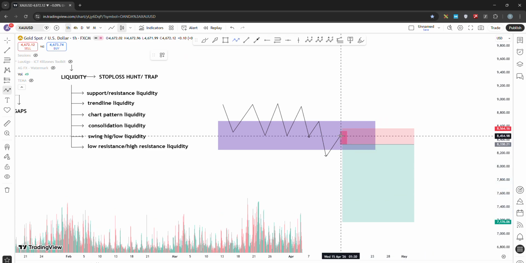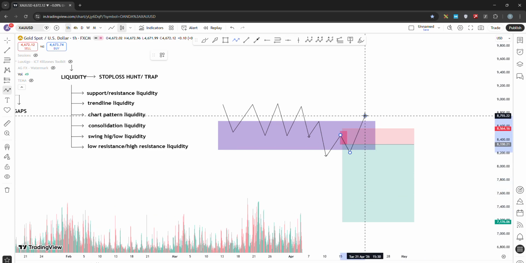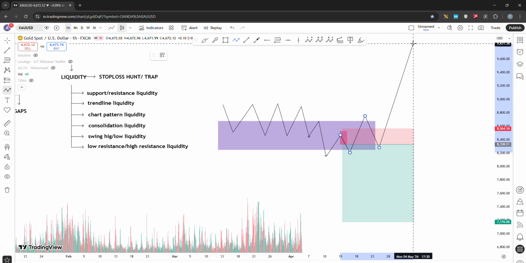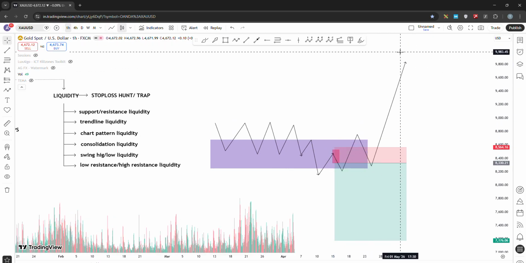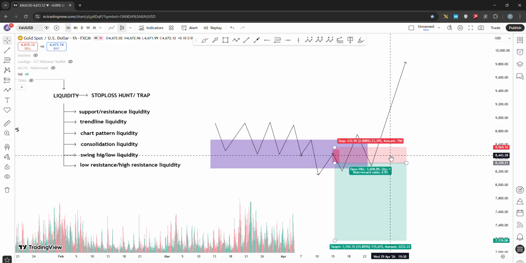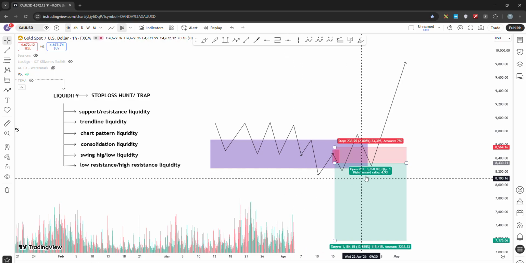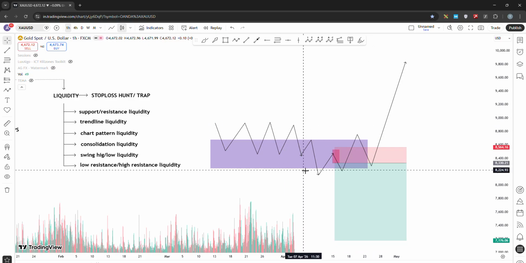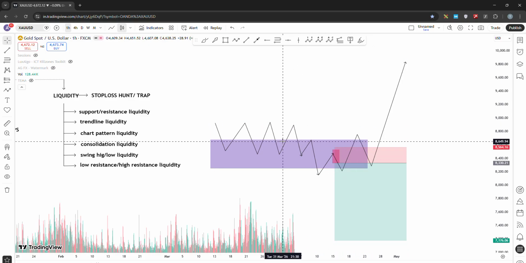Once again, the market will initially show a reaction, but then it will take them out and move in a parabolic direction. This movement will be very strong and quick. Why? Because the market has taken a huge amount of retail orders from this zone.